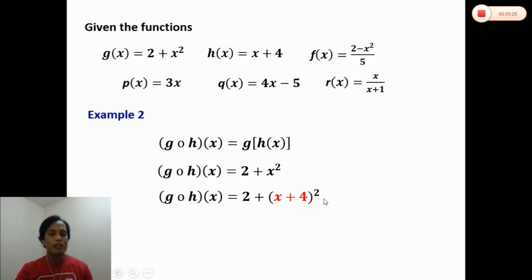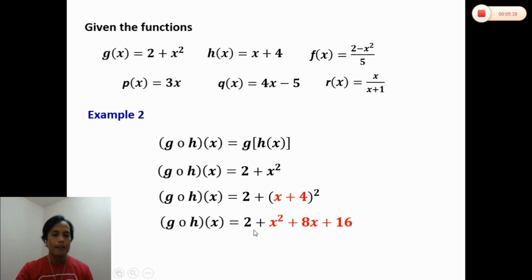Afterwards, as you can see, this is the square of a binomial, so x plus 4 quantity squared. We need to expand the square of a binomial. So we just simply copy 2 and we square x. The square of x is x squared, and twice the product of the first and the second term.